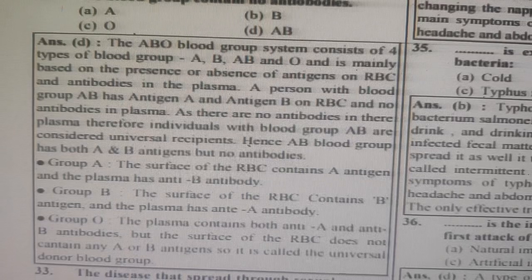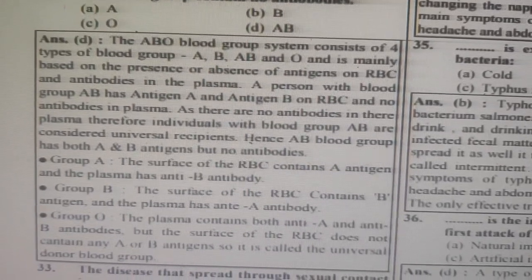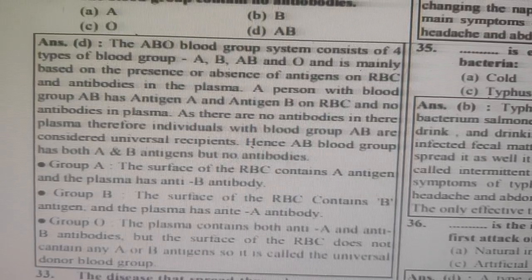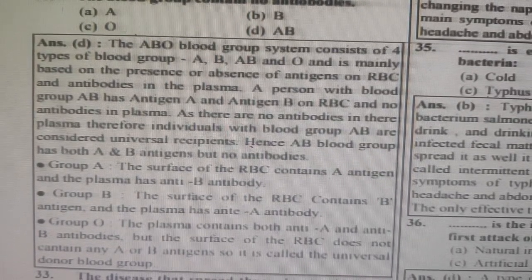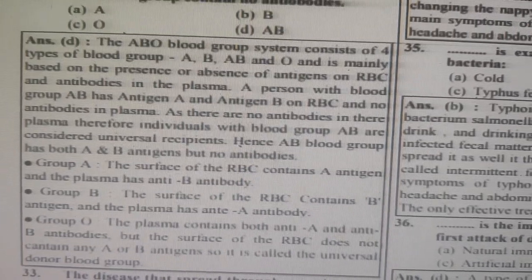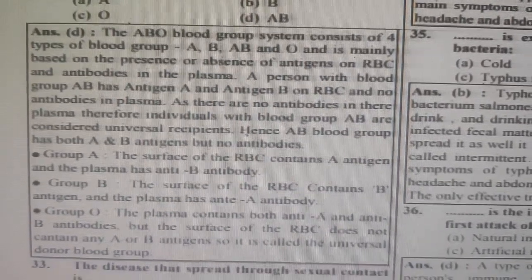Group A: the surface of the RBC contains A antigen and the plasma has anti-B antibody. Group B: the surface of the RBC contains B antigen and the plasma has anti-A antibody.